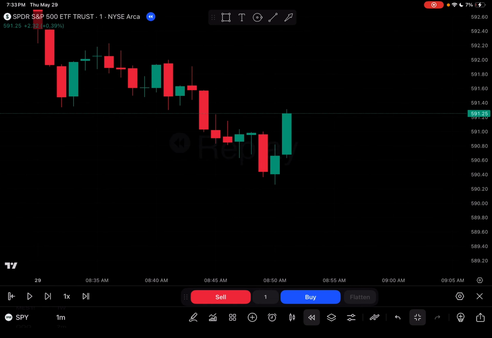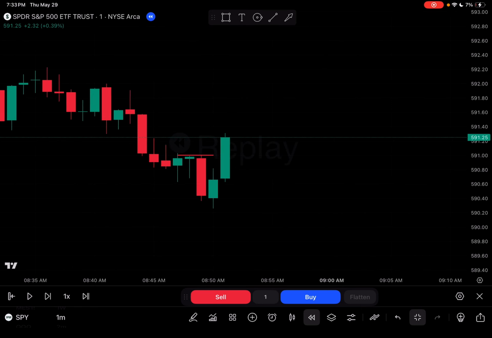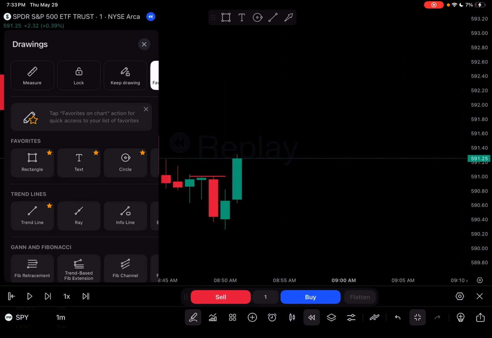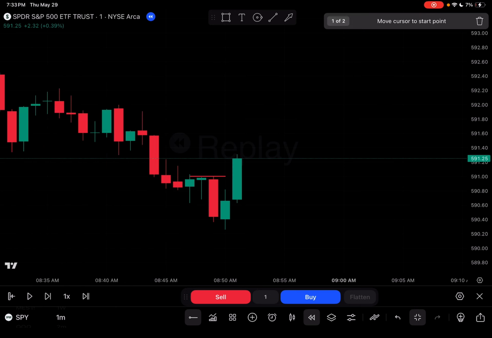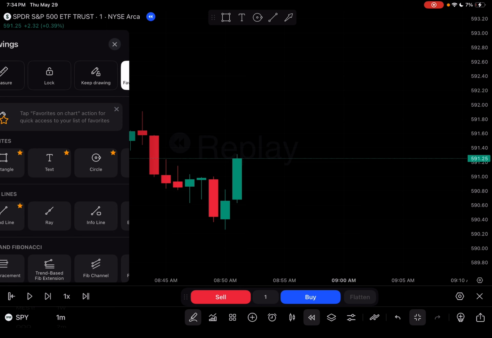Okay, so currently I would call this a supply zone. The reason why, let me get the other indicator. This one right here. Let me favorite it. Hold on, guys, because it's actually easier to do it on this.